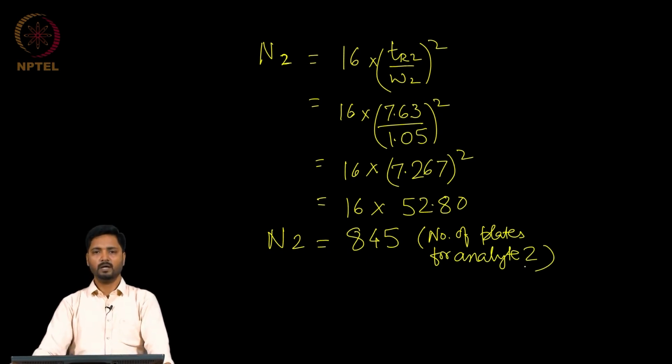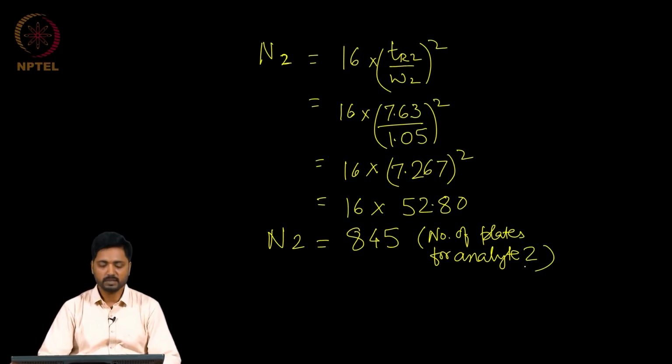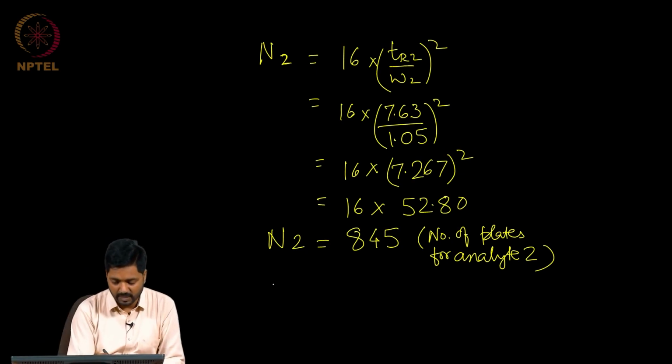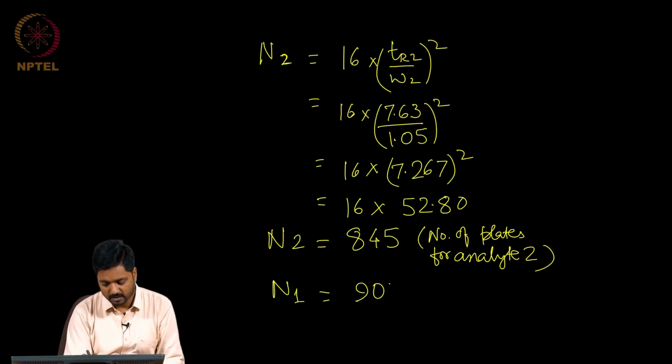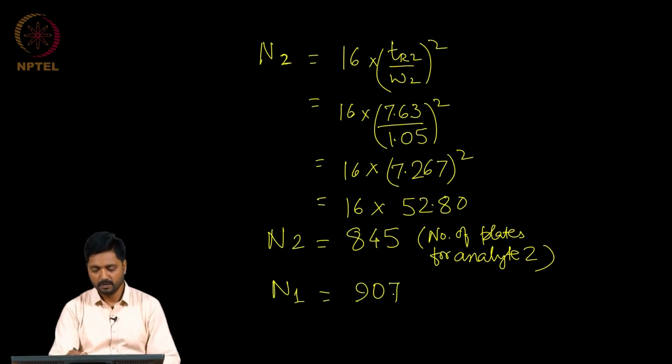So, let us pause here for a minute and take note of an important observation, and that is that the N2 value is 845 while N1 was coming as 907.